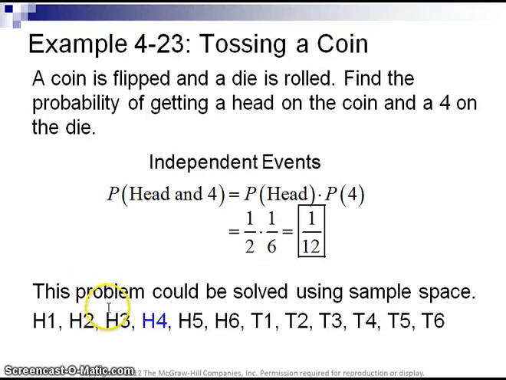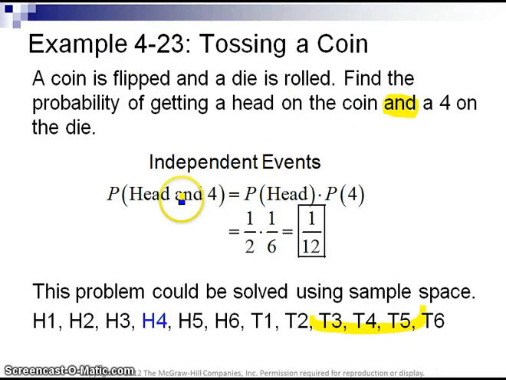This example 4-23 is found in your text, and what we're considering is the two events: a coin is flipped and a die is rolled. Find the probability of getting a head on the coin and a 4 on the die. Okay, that's our two events. Notice this word and.